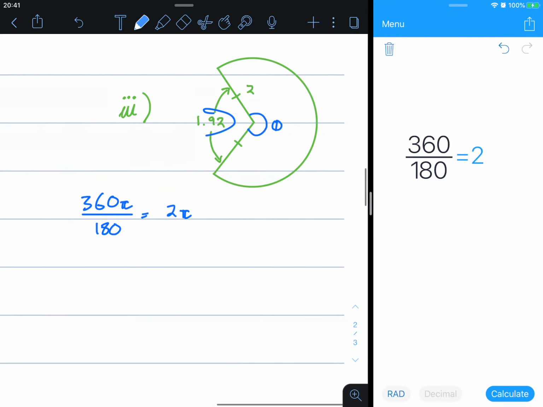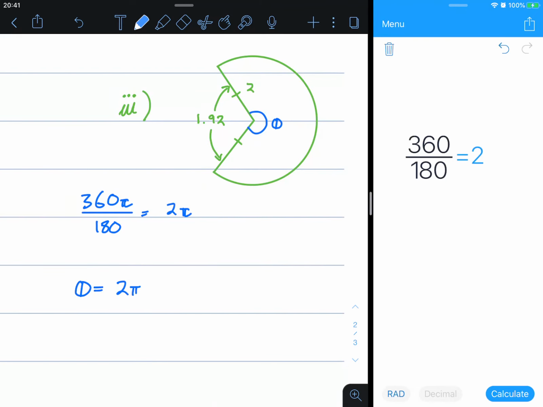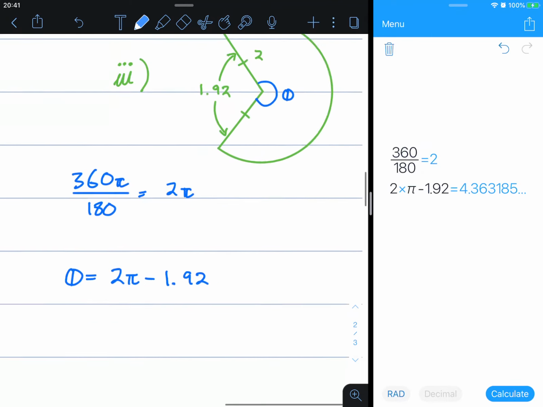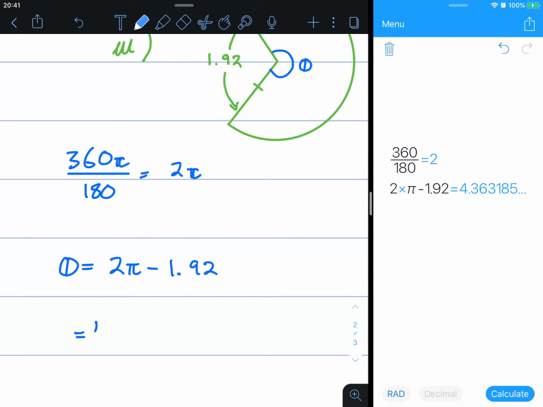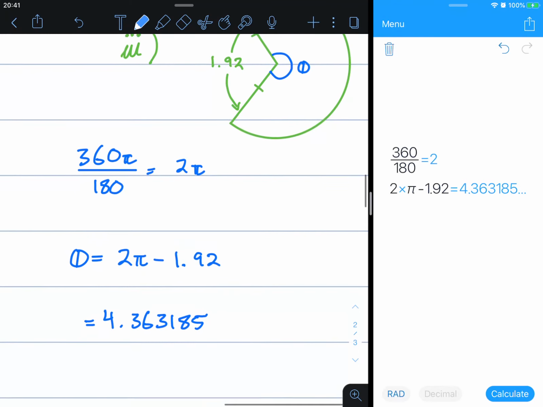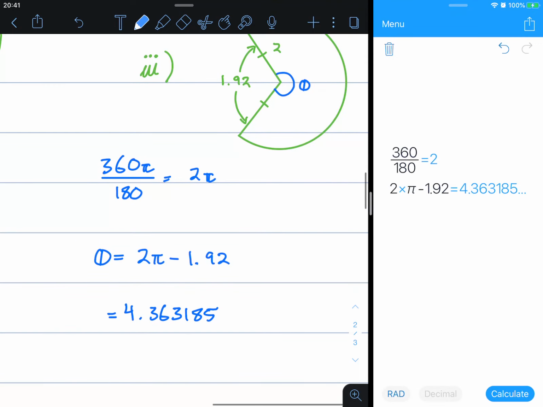Well, because we have 1.92, we can say theta is equal to 2 pi minus 1.92. So 2 pi minus 1.92. That gives us 4.363185, taking as many decimal places as possible in order to keep this accurate.